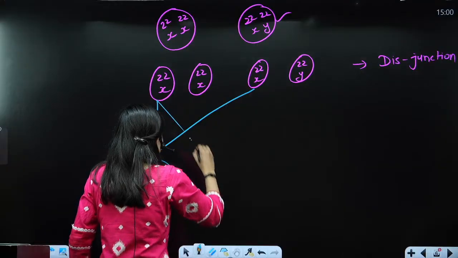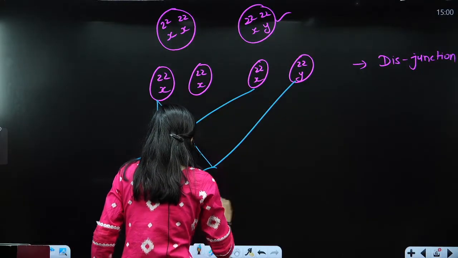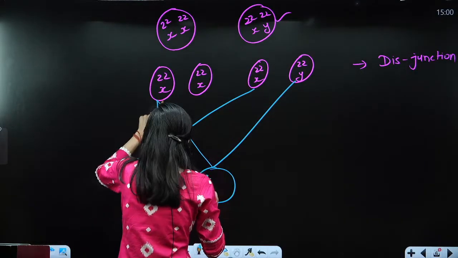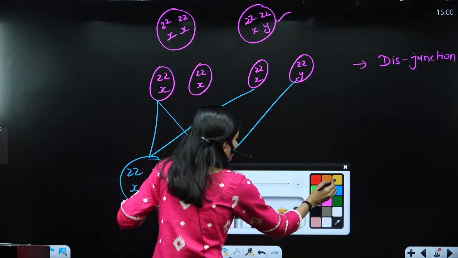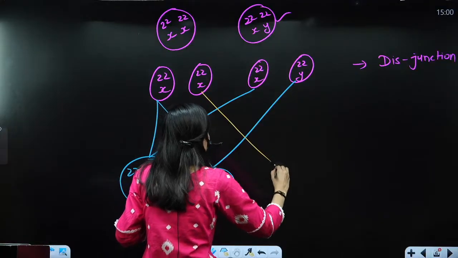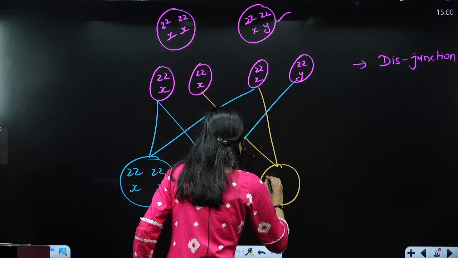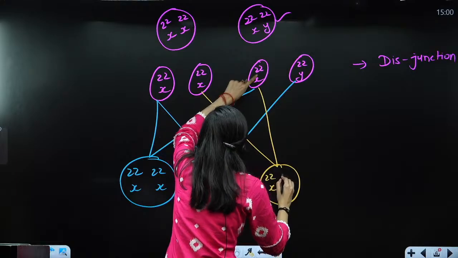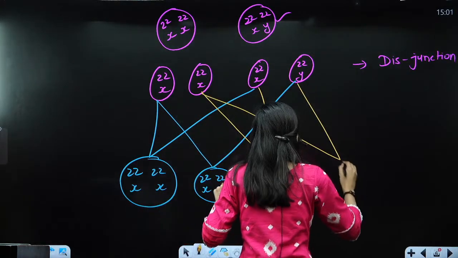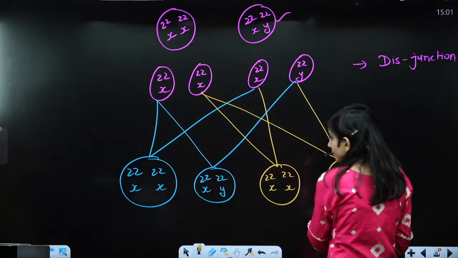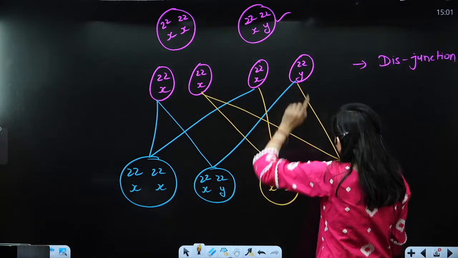Now this and this, 22x, 22x. Now this one, 22x and 22y. Why? Because in every single circle there is going to be a contribution of both.